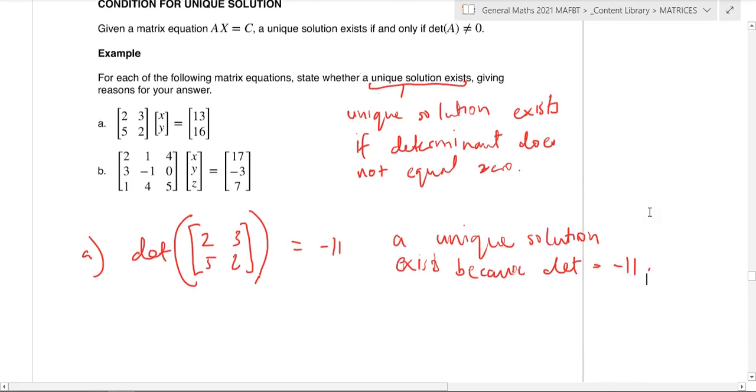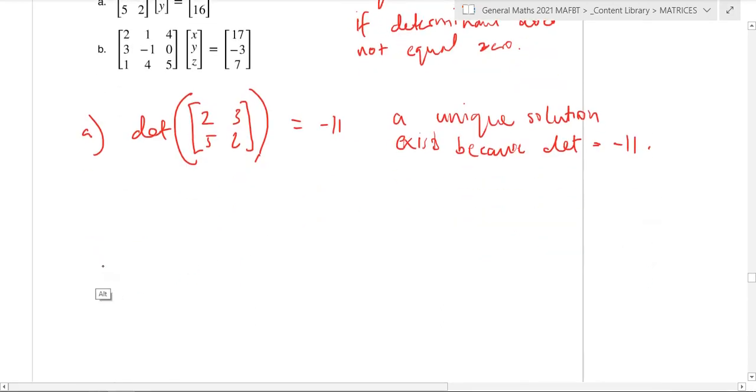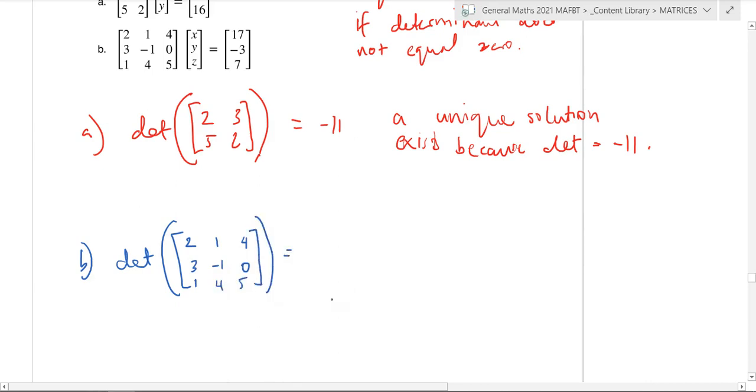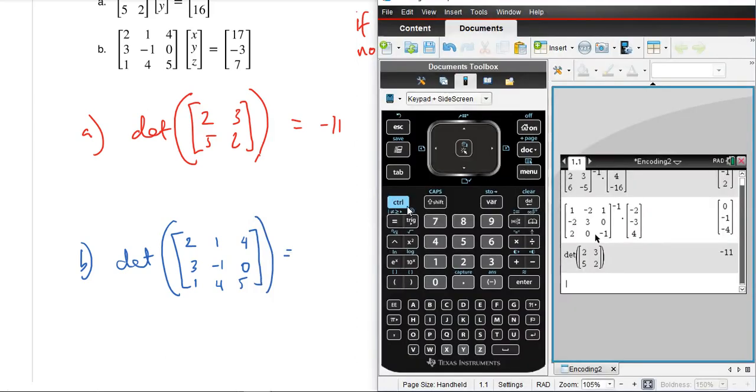Okay. For B, similar thing. Okay. B, right here. DET on your calculator, or if you wanted to be really proper, you could also put this in a matrix, name it whatever you want. Okay, I'll go through that in a second when I put this in. You could do that in your calculator if you wanted to.